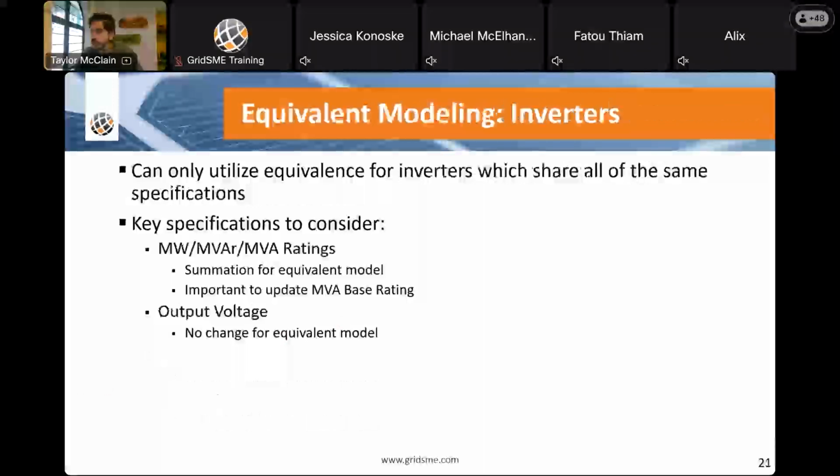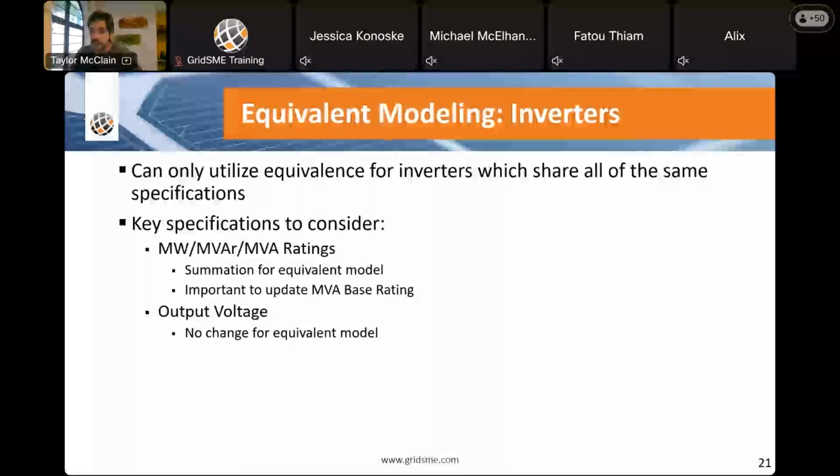So very similarly, moving on to the inverters, once again, when we're doing equivalent modeling, we're talking about combining like-for-like inverters. Let's say you have SMA PV inverters and Tesla battery inverters. You're not going to be combining those two together in one equivalent model. You'll keep them separate for a number of reasons, and one of those, which we won't touch on a ton today but a little bit towards the end, is the dynamic modeling.